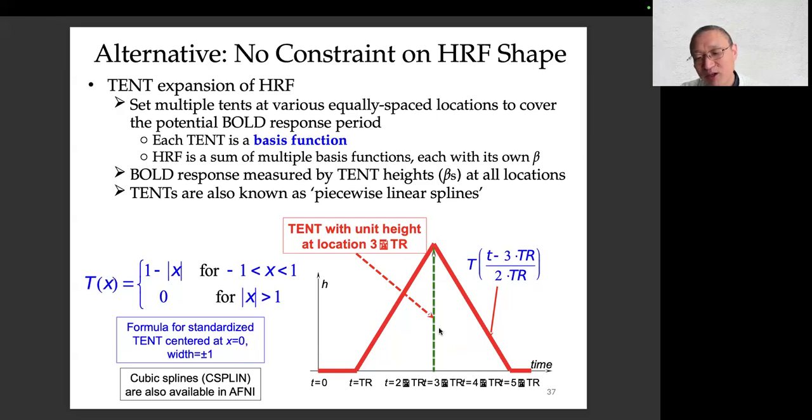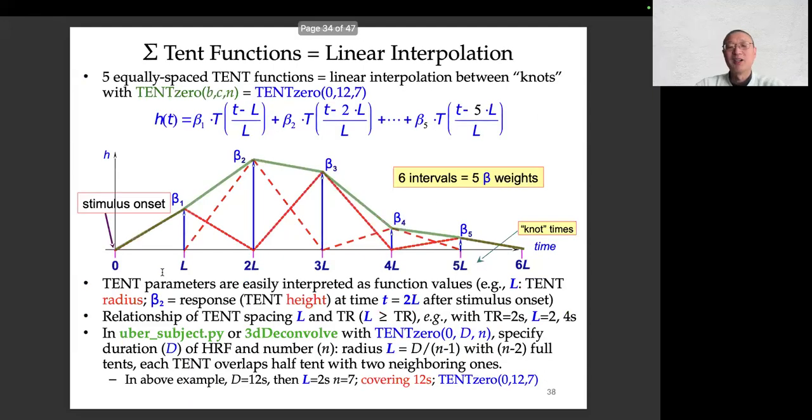We put a center point, put a ruler, a yardstick there with a height of 1, then set up a tent like this. Mathematically you can express the function like on the left-hand side, but we don't need to pay close attention to that expression. Focus on this heuristic, graphic interpretation.